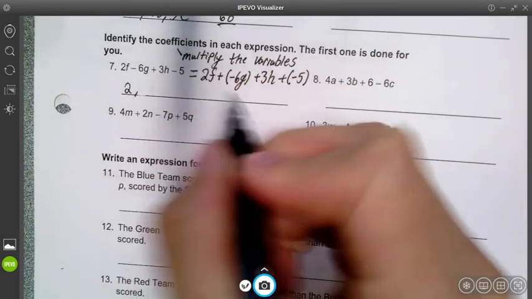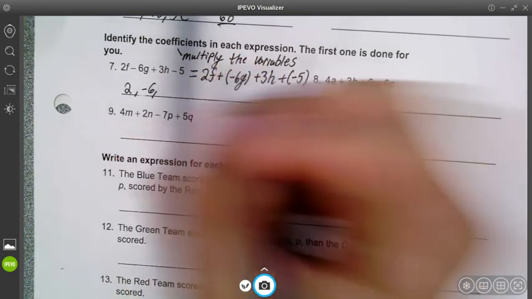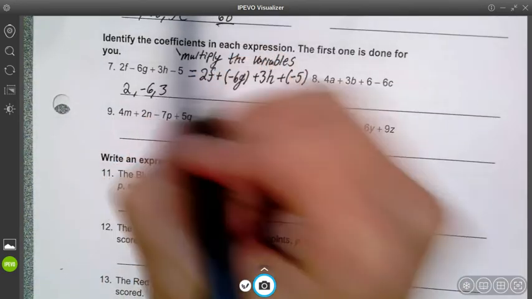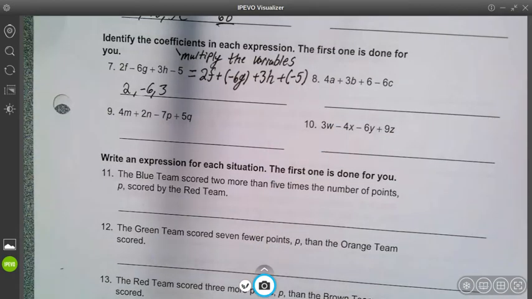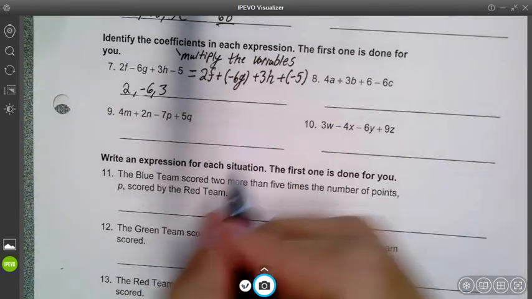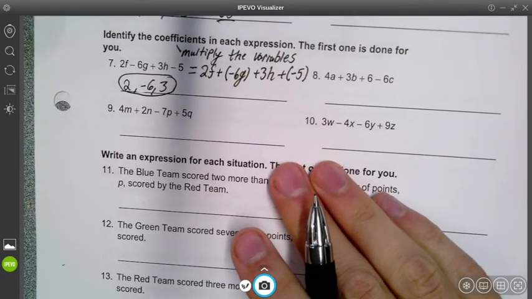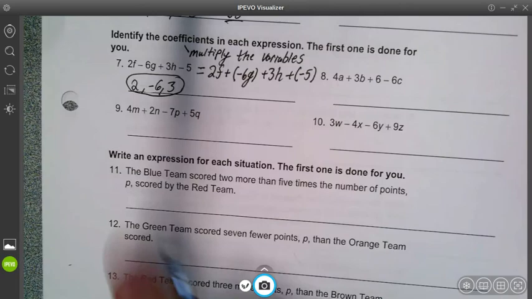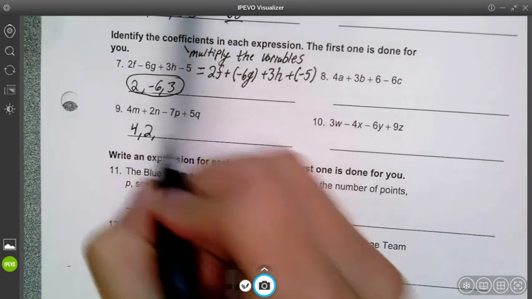Now I can see that this second coefficient is actually -6 times g and +3 times h. But do I have a variable with this -5? No, I do not. So I leave that one alone, and these are my coefficients. Let's take a look at number 9. I see I have a 4, a 2. Those are pretty easy.